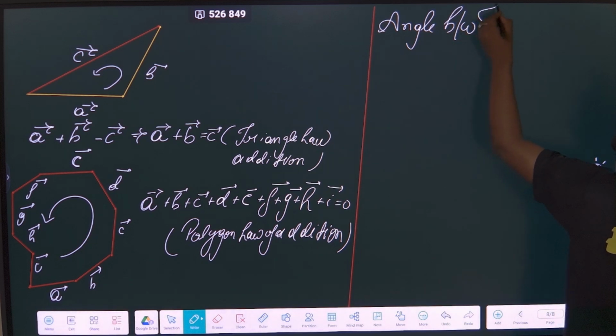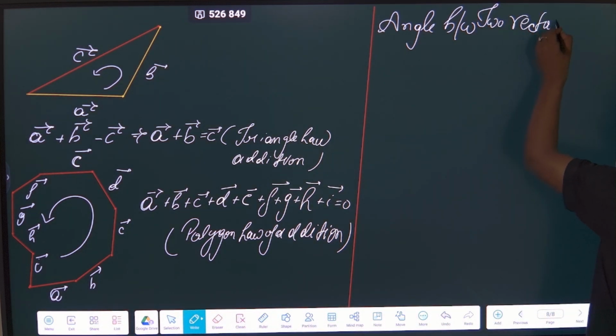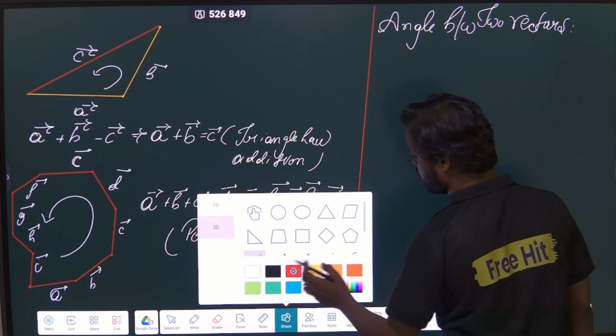Angle between two vectors. Always remember one thing which I am going to tell you.